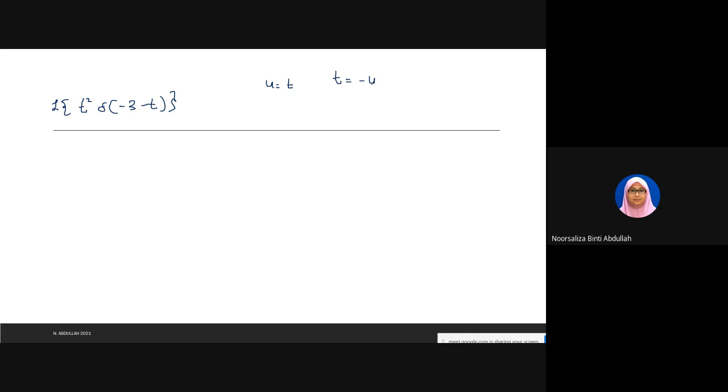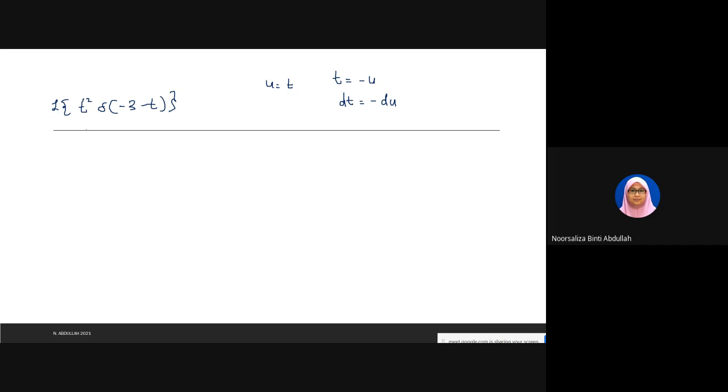Right? Then, du over dt, t equals to negative du. Right? Then you substitute here.